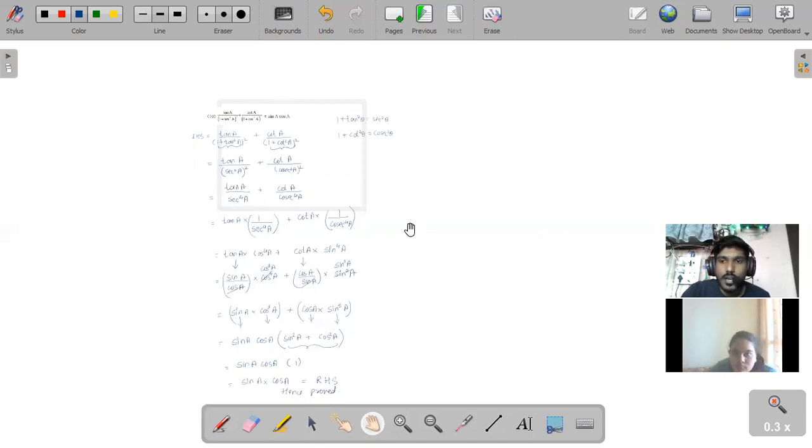Also, one thing, wherever the formulas are used, write down the formulas at the side, okay? Even if it is a reciprocal formula, write it at the side.